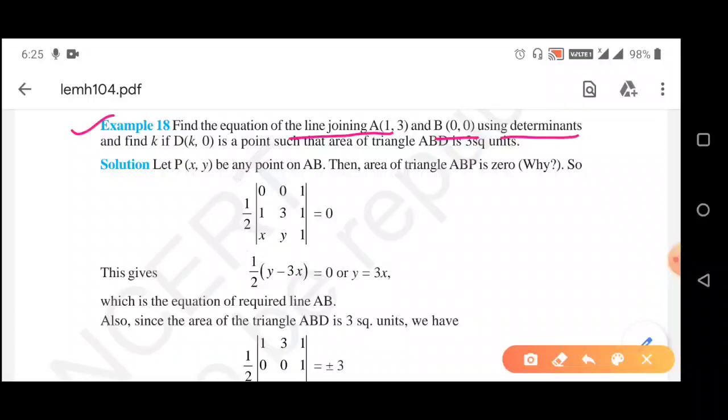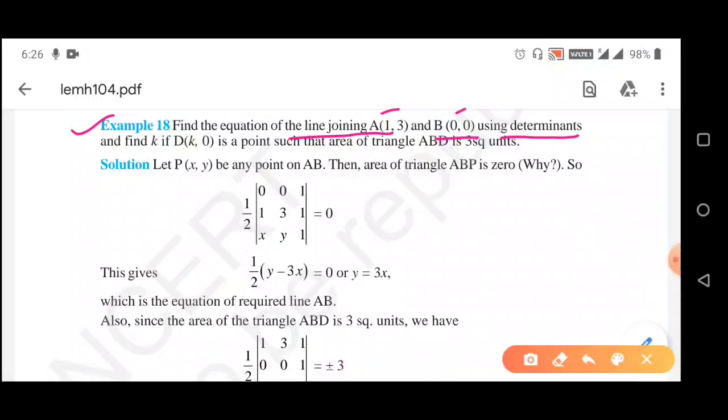So our first question is we have to find the equation of the line joining these 2 points. Since this question is given in the part of area of the triangle, we need 3 points to use our formula, because this formula is for a triangle and there we have 3 points.